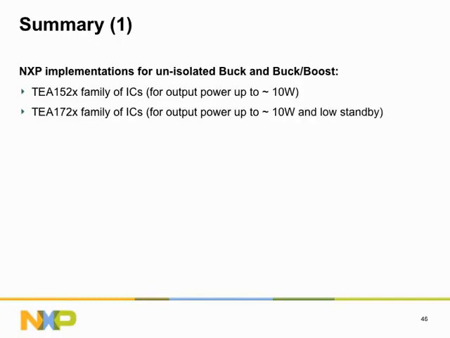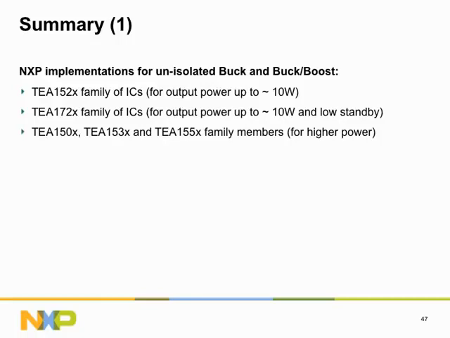The TEA172X family of ICs. These ICs do also have an integrated MOSFET power switch and are also intended to be used for low power segment. The most remarkable difference with the TEA152X family is the extremely low idle power that is consumed by a TEA172X application when the power supply is in standby mode.